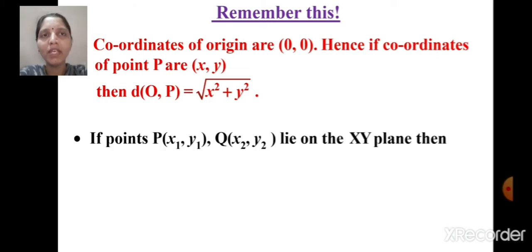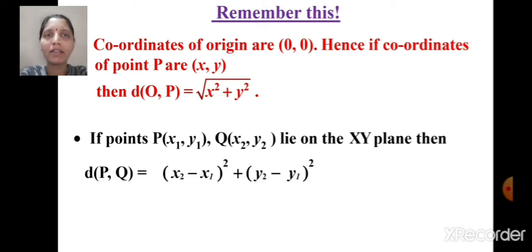If point P has coordinates x1, y1 and Q has coordinates x2, y2, and they lie on the xy plane, then the distance PQ is equal to the square root of (x2 minus x1) whole square plus (y2 minus y1) whole square. Okay, so this is a very important formula, you should remember this.